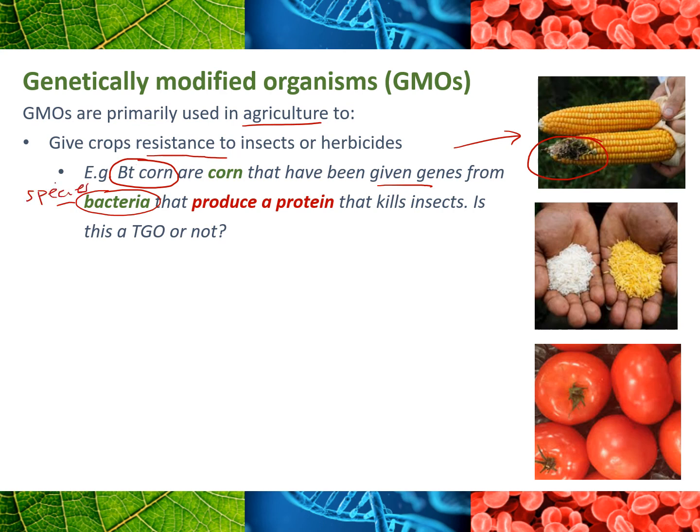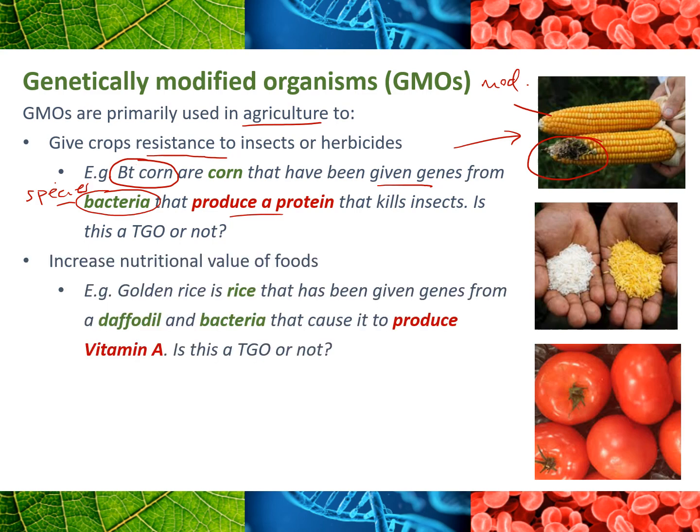And that means that those genes allow the corn to produce a protein that kills the insects. Okay, so this one here is the modified corn that is resistant now to insects because it produces this protein that it is able to produce because of genes from a bacteria. In the quiz, you'll have to answer whether that's transgenic or not.